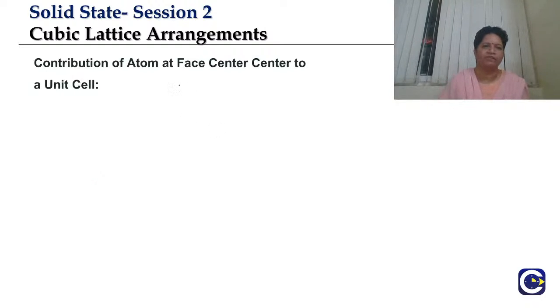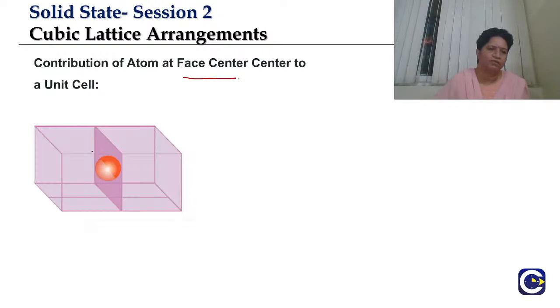Contribution of an atom at face center. Let me consider this as a face center. It's almost like a wall. A wall is common between two different rooms. If I consider it that way, this face is common to two different cells. So the contribution per unit cell is only half. This will get half, this will get half.